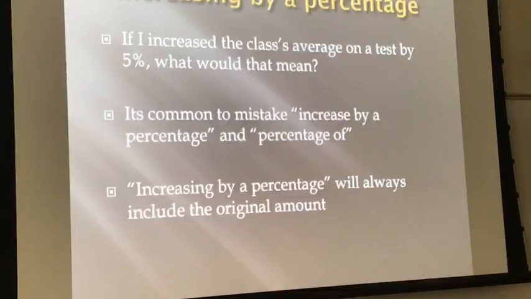In other words, you scored a 100, I'm going to multiply that by 1.05, right? That will give you 105. Or you can multiply it by 0.05 because that's what I'm increasing your grade by, but you've got to add the 100 back in, right? Because if you score 100 and you only get 5%, that's not increasing by 100. That's failing you out of class, right? So to increase by percentage, you've got to add the original back in.